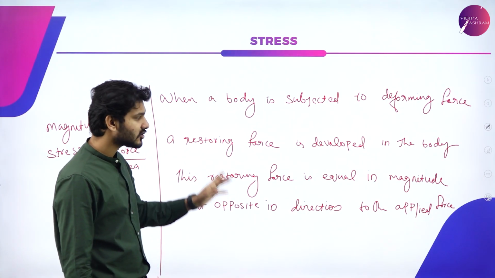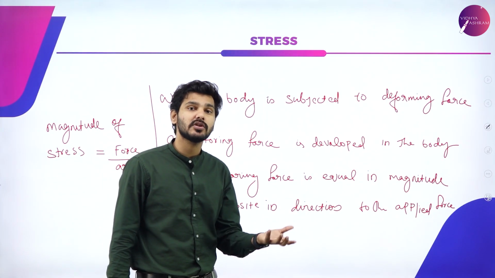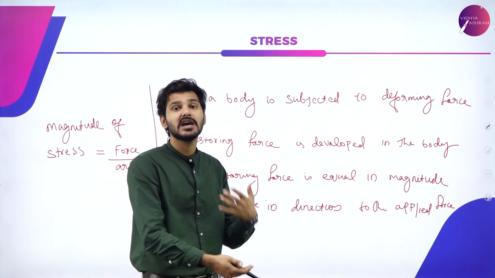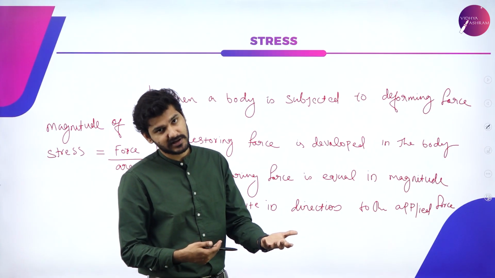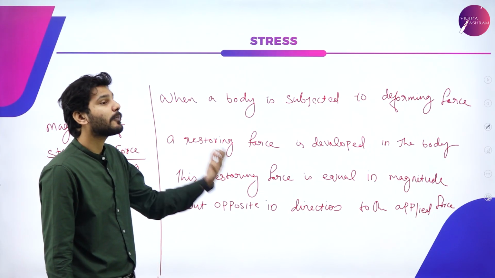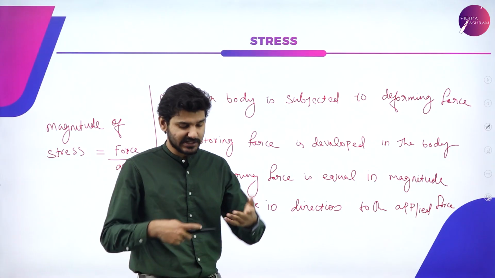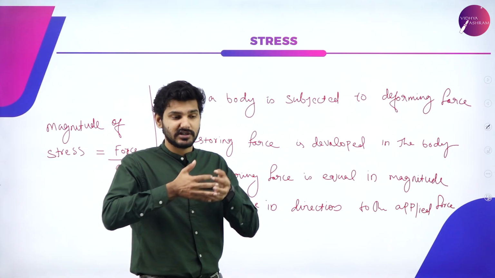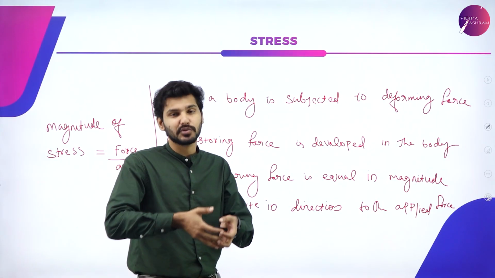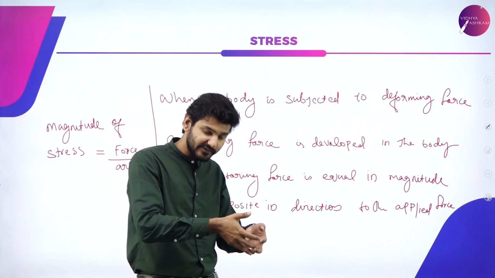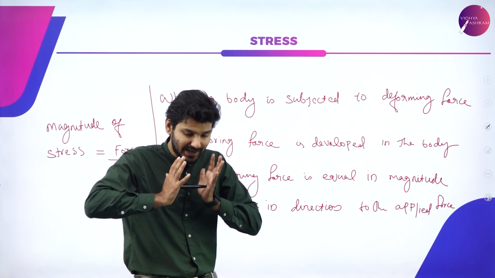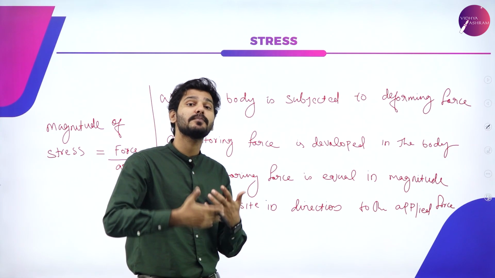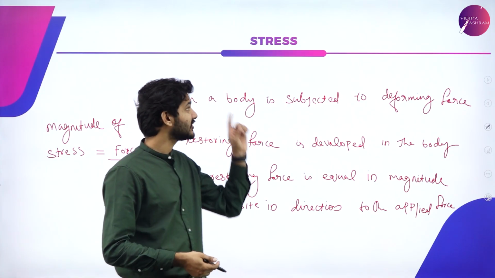This restoring force is equal to the magnitude of the deforming force which we applied, and it is in the opposite direction. That is, if I apply some force to a spring, then automatically it generates or stores that restoring force, in the opposite direction of the applied force, right? That restoring force developed per unit area is known as stress.